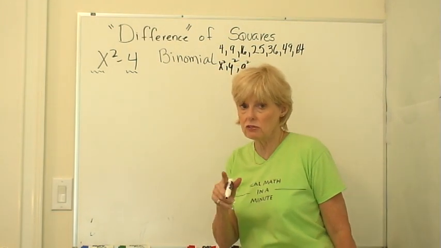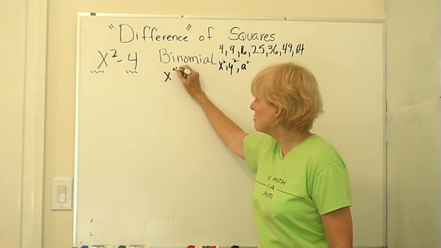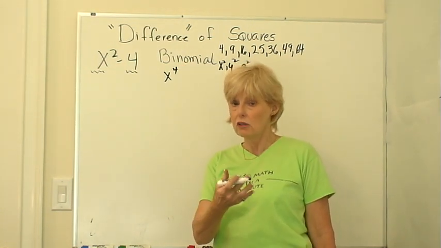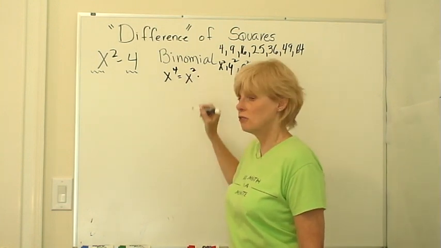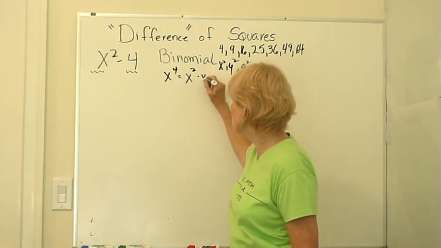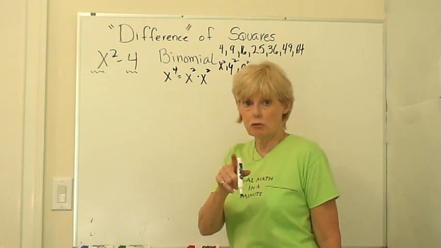But watch this, as long as you've got an exponent that is an even exponent, it is considered to be a square. So x to the 4th, and you know this from our study of exponents, x to the 4th is x squared times x squared. So x to the 4th is considered a square, not surprisingly.